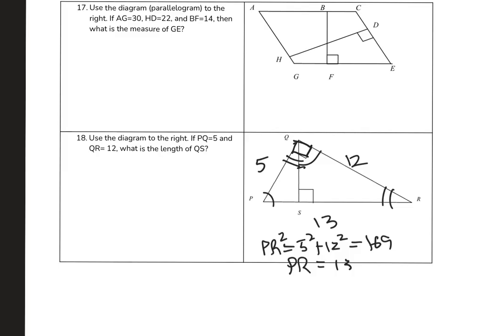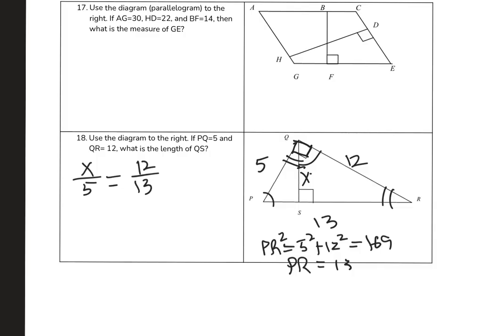So what we can say is that, and we're trying to find the length of QS here, and we'll call this X, that X over 5 is going to be equal to 12 over 13.